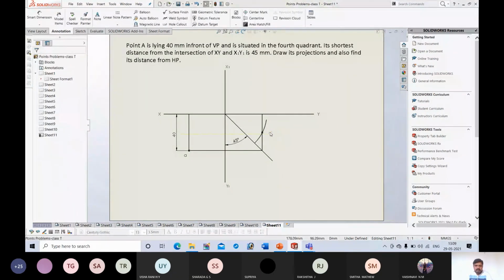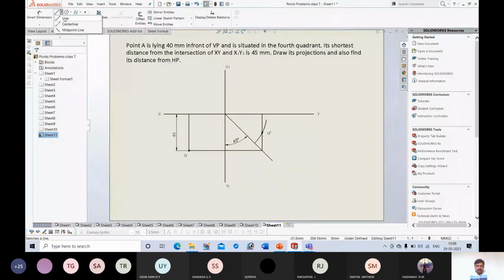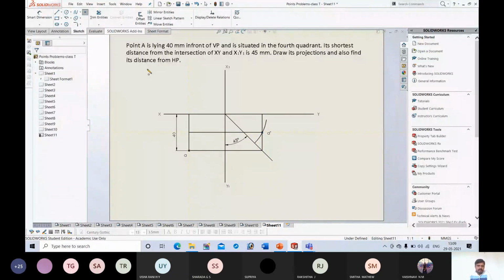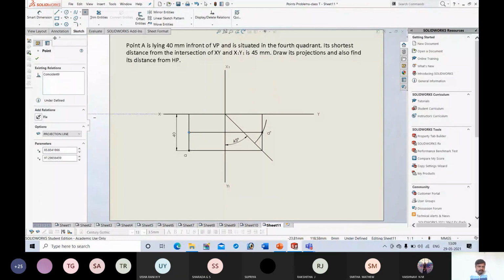Okay, next. I know the relation between the profile view and the front view. They will lie on the same horizontal projector. So from the profile view also, I should draw a horizontal line till this projector. Then I will get the location of the front view here.